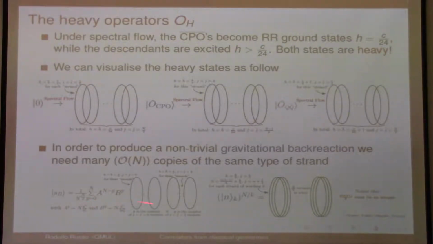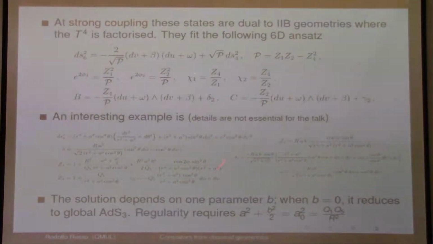And for instance, this one is described by this. Again, details are not important, but I want to convey the idea that it's very explicit, so you can write down everything. This is the ansatz of type IIB supergravity reduced to six dimensions. All these objects, the six-dimensional metric, the dilaton, the volume of the T4, the axion, the B field, the Ramond field, are written super explicitly.